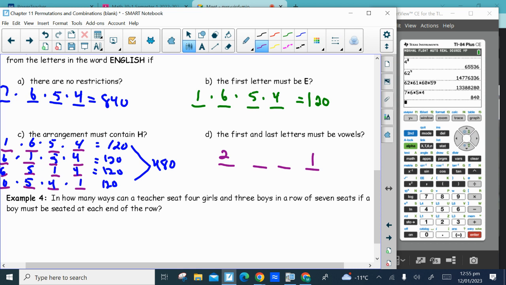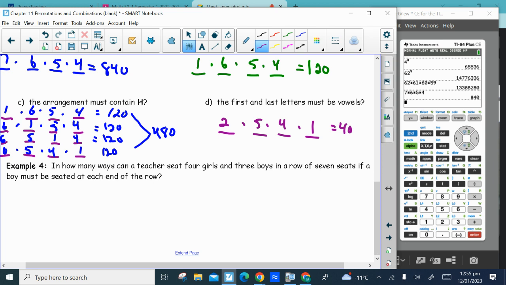There's only 2 choices for the first position because the only 2 vowels you have are the letters E and I. And once you've chosen, it can't be chosen again. We started with 7. We've used 2 up already. That means you have 5 and then 4 left for the remaining choices. So that gives us an answer of 40 different possible arrangements of those characters.